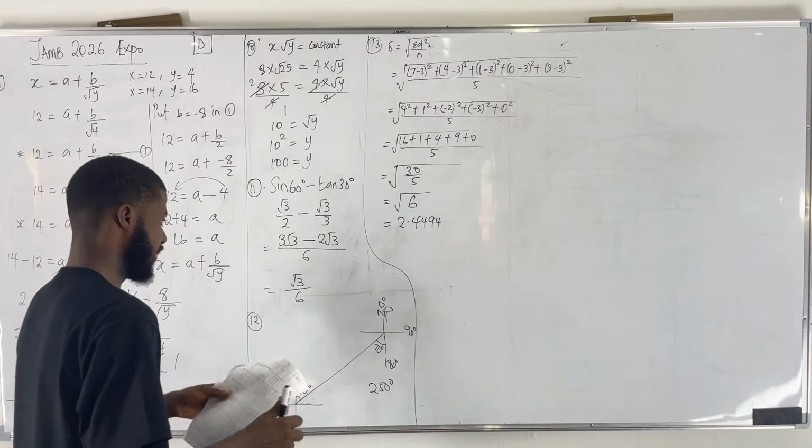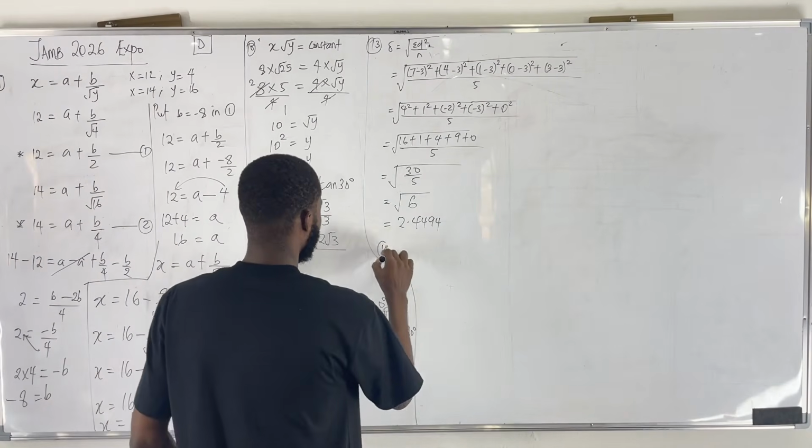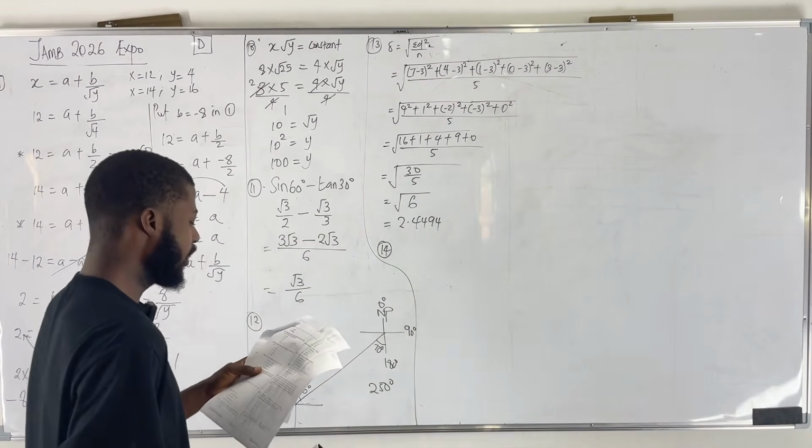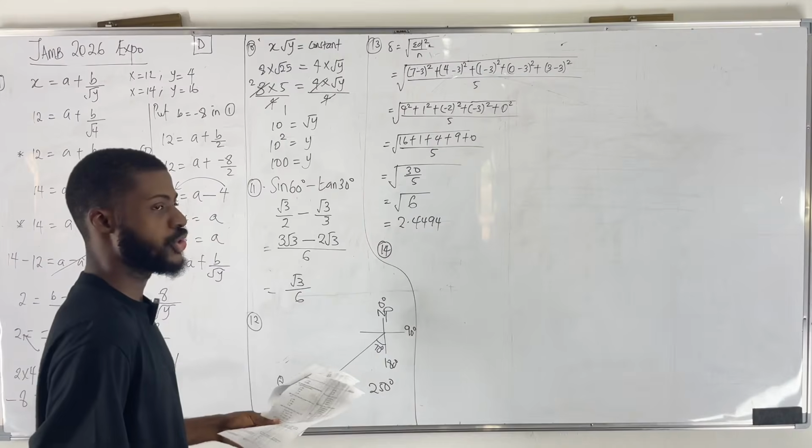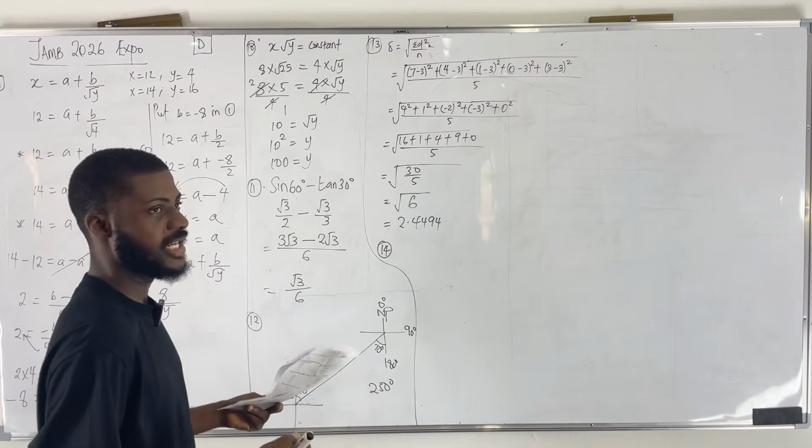Let's go to question 14. Question 14 says, how many ways can 3 students be chosen from a class of 10 for a committee? If you're choosing something, it's actually very simple.